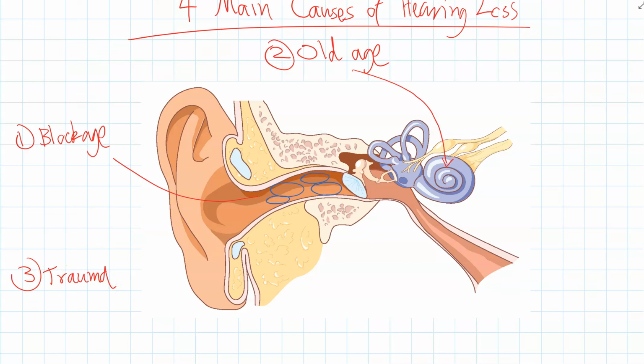And trauma can include things like getting a head injury. So knocking your head, maybe getting a concussion, or getting your ear knocked by something. That can cause damage to lots of different parts of the ear. So maybe the eardrum can be damaged, the ossicles, or even the cochlea. So lots of possible regions there, particularly in the middle ear.